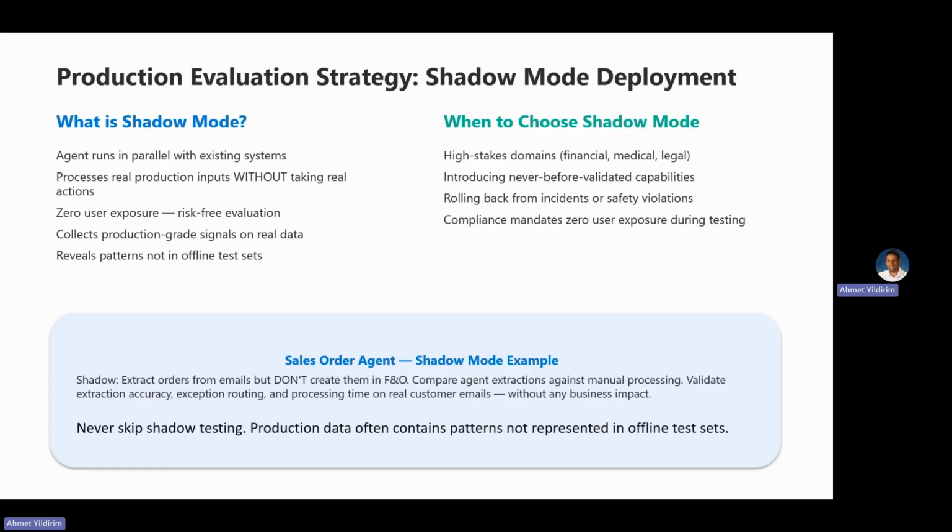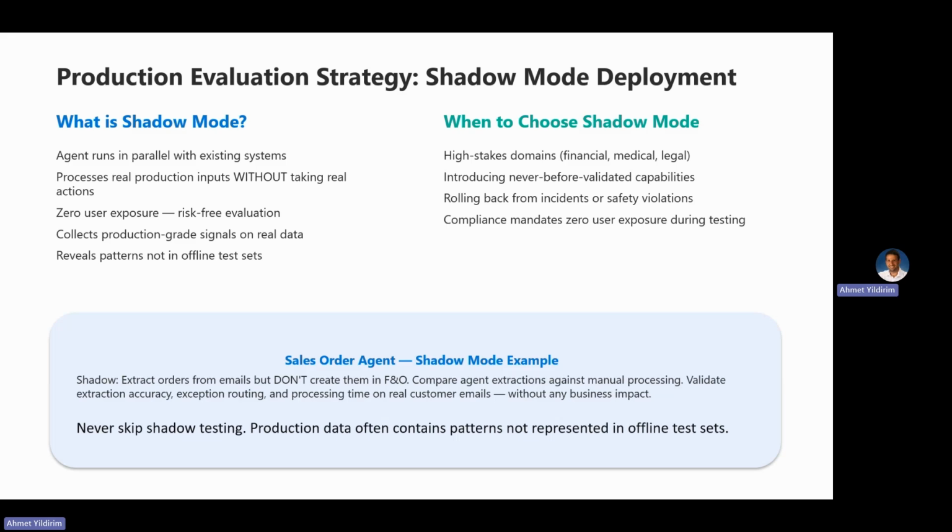So let's talk about shadow mode. Shadow mode is your safest entry point in production evaluation. The agent runs in parallel with existing systems, processing real production inputs without taking any real action. This gives you zero user exposure and risk-free evaluation, collecting production-grade signals on real data.